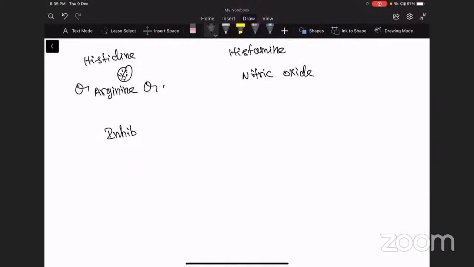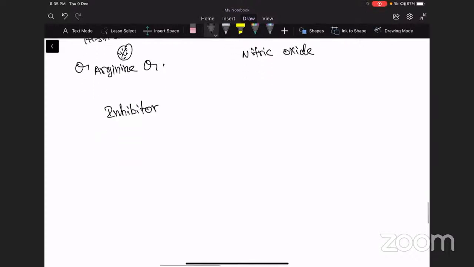A few inhibitors. Inhibitors also have been asked in the exam. Fluoride inhibits enolase in glycolysis.